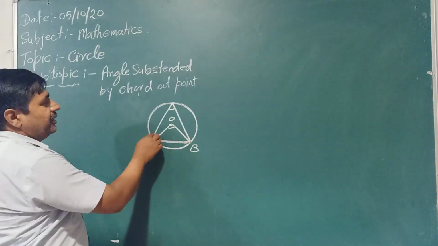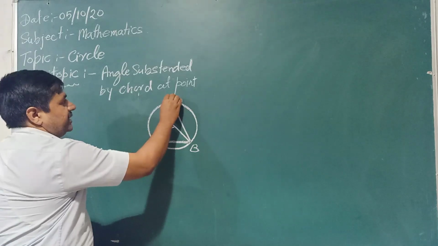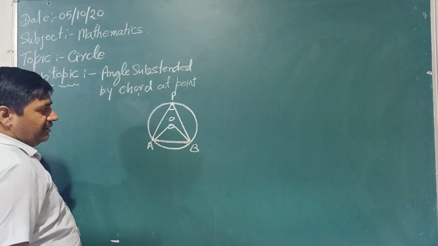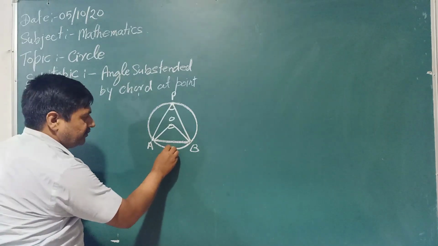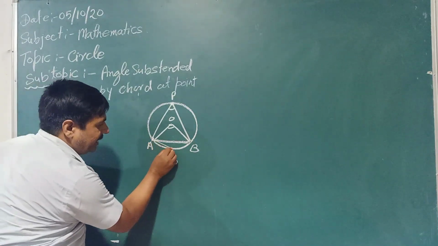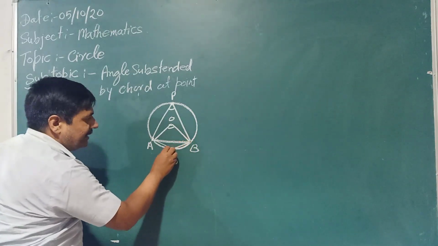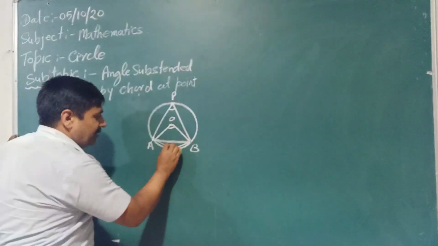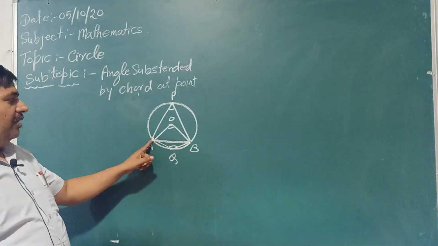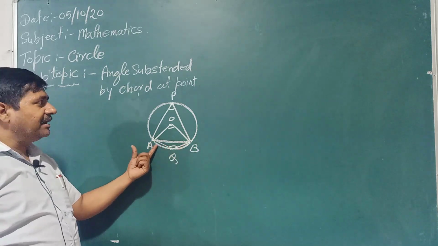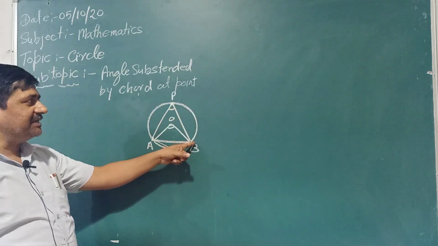Suppose this point is P, APB is an angle, and take another point Q and join AQ and BQ, and this angle is made by this chord at the minor arc, and this is the major arc.